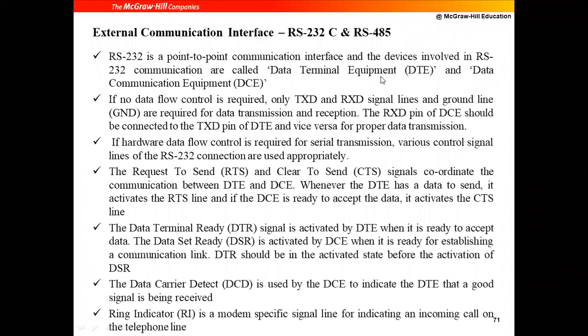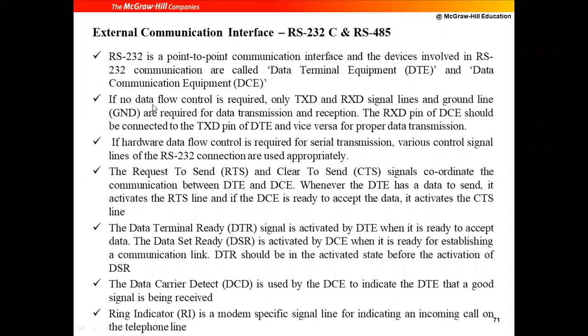Now I want to establish communication between device 1 and device 2 through RS-232. Device 1, which establishes the communication, we call data terminal equipment, DTE, and the second device, where the communication needs to be transferred, data communication equipment, DCE.